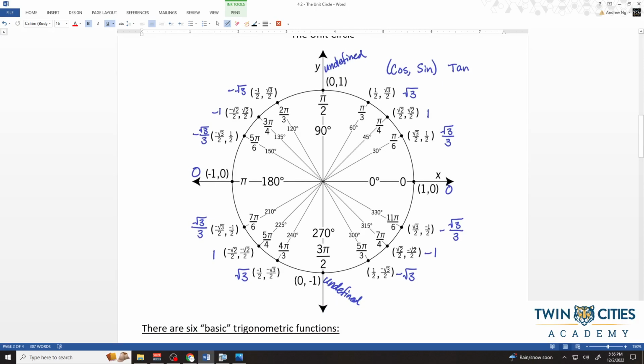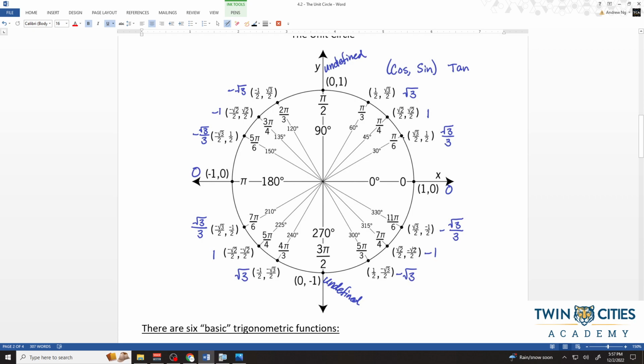And so I've still got these 4 points, (1, 0), (0, 1), (-1, 0), and (0, -1), but I've identified a whole bunch of other points here as well. In between (1, 0) and (0, 1) on this circle, we've got the point (√3/2, 1/2).